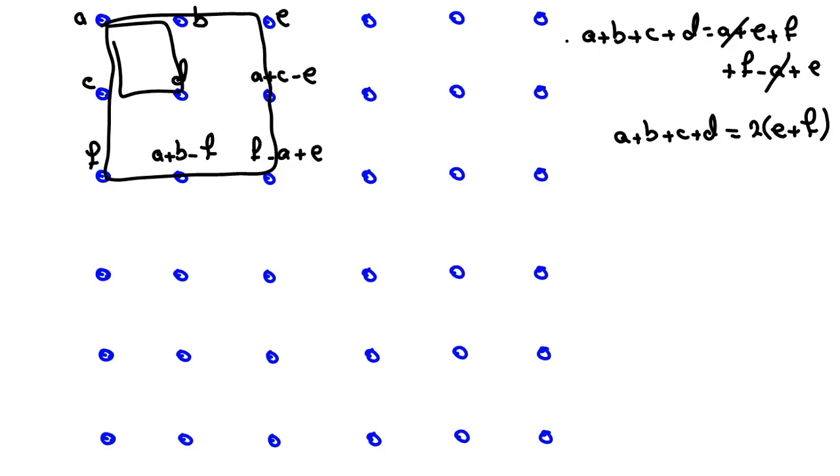We call it S. So we prove that 2 times E plus F is S, so we've concluded that E plus F is S over 2.